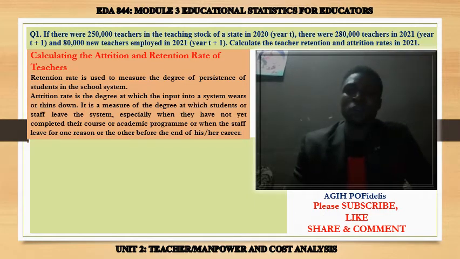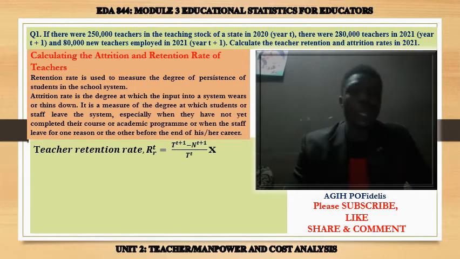The reasons for teachers leaving may include withdrawal of service. It may be resignation, dismissal, death, or retirement. All these can contribute to teachers leaving the school system.